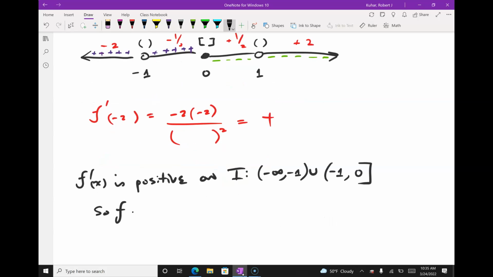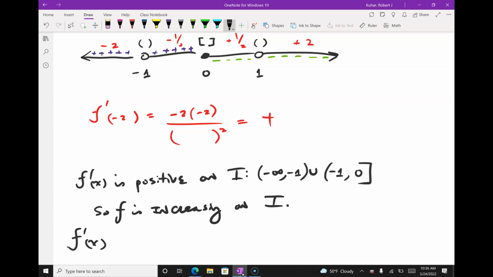So f is increasing on I. I got to do a conclusion for increasing intervals, decreasing intervals, and any of the local min or max. There could be more than one local min or max, so then I got to do a conclusion on each of them.